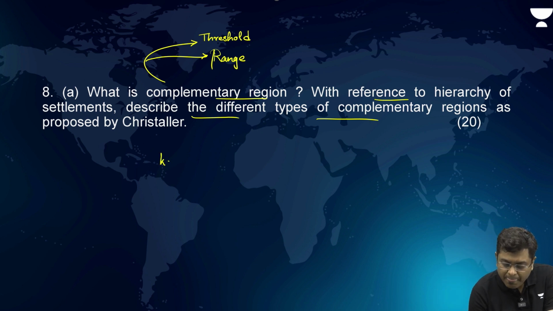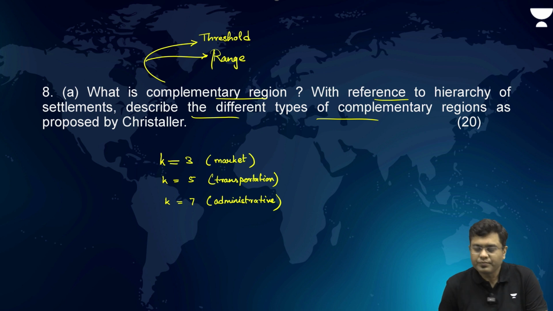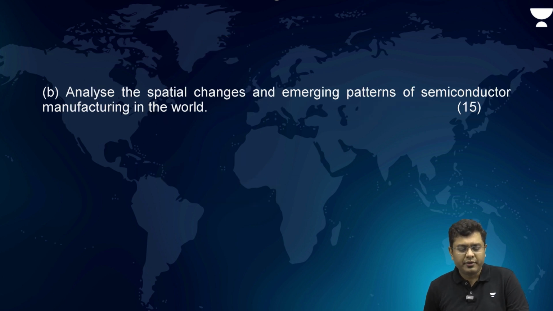So K equal to 3 for the market principle, K equal to 4 for the transport principle, and then K equal to 7 where you have the administrative setup. Okay, so that was required to be highlighted. That is the aspect which you could write.